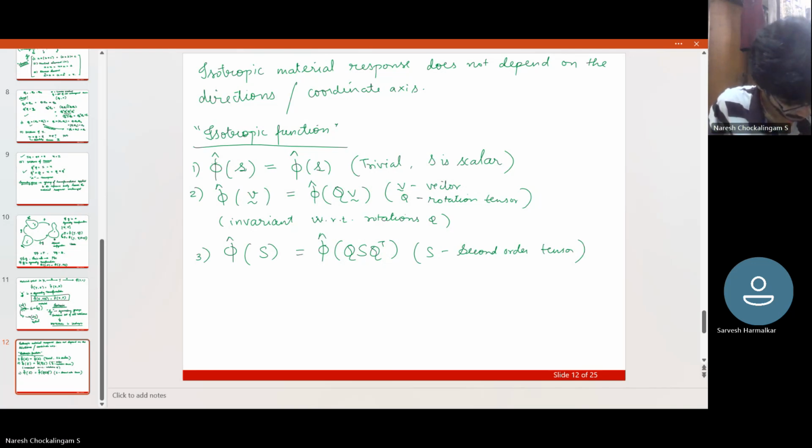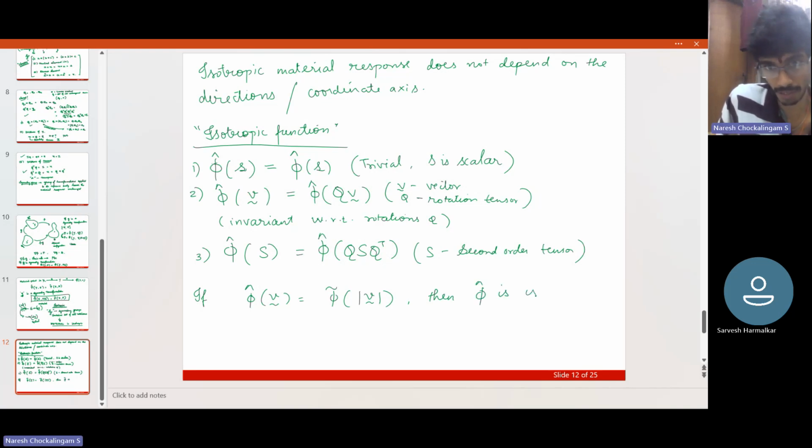But when is this possible? So when can a function of a vector be isotropic? If there exists a function phi cap of v equal to some phi tilde of only the magnitude of v, then phi cap is isotropic.